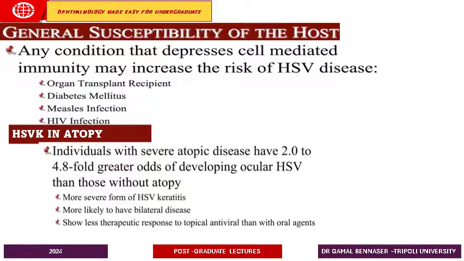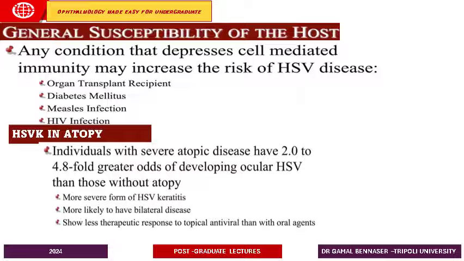Another category is people with atopy. Now, people with atopy also have an altered immune system, with different IgE levels in the serum, as well as different immune system mediators, and also a predominance of eosinophilia. So they have a higher incidence of HSV keratitis as compared to other people.